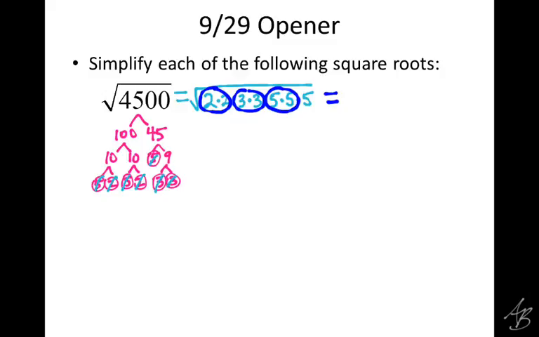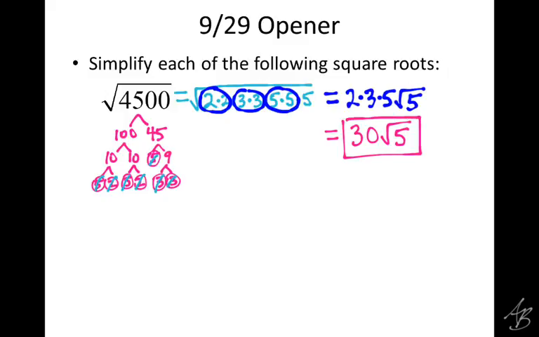So on the outside, what are we going to have? And we're done, right? No. We need to simplify that. 2 times 3 is 6, and then 6 times 5 is 30. So on the outside we get 30, and on the inside the 5 doesn't change, so we get 30 square root of 5.